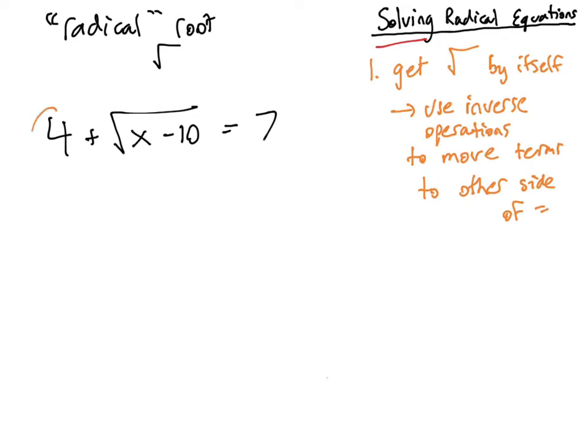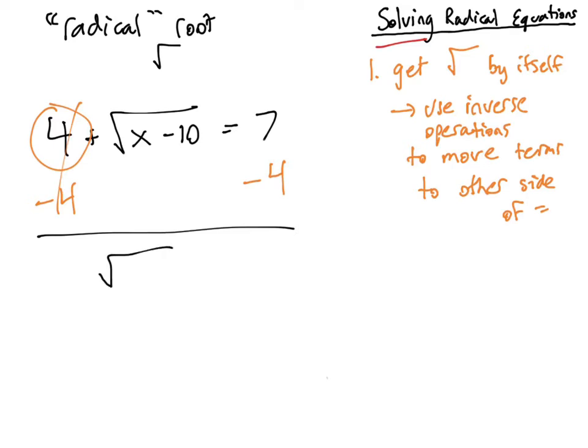So the inverse operation we can use to cancel out this plus 4 is if we subtract 4. 4 minus 4 is equal to 0. And we have to do the same operation on the other side of our equal sign so that we're not changing the overall balance of this equation. So when we do that, 4 minus 4 cancels out. And we're left with square root of x minus 10 equal to 7 minus 4 gives us positive 3.